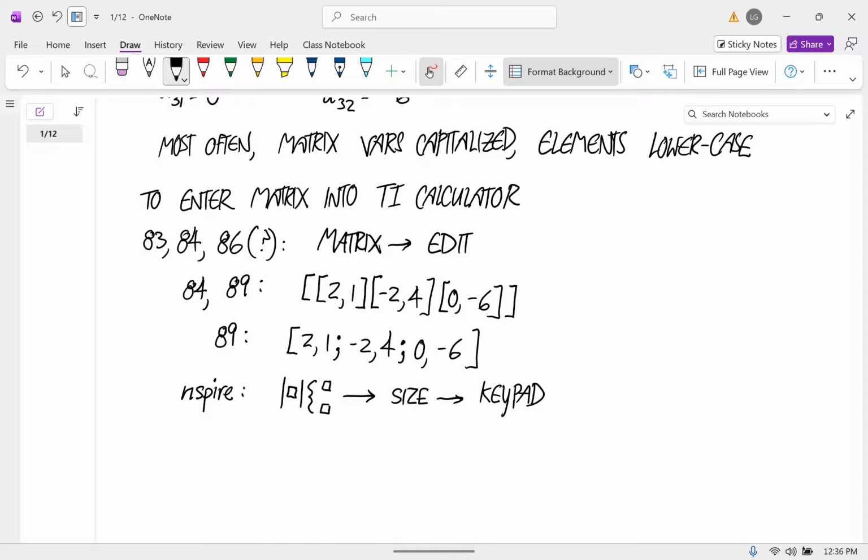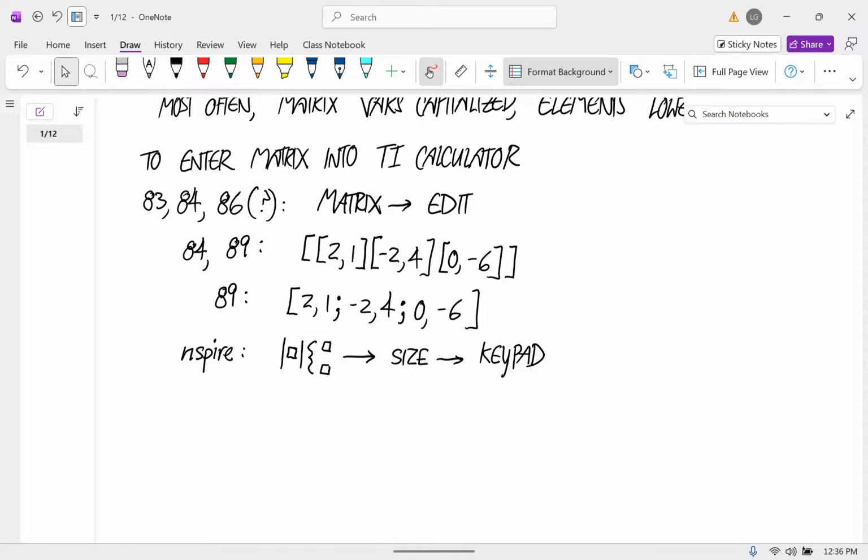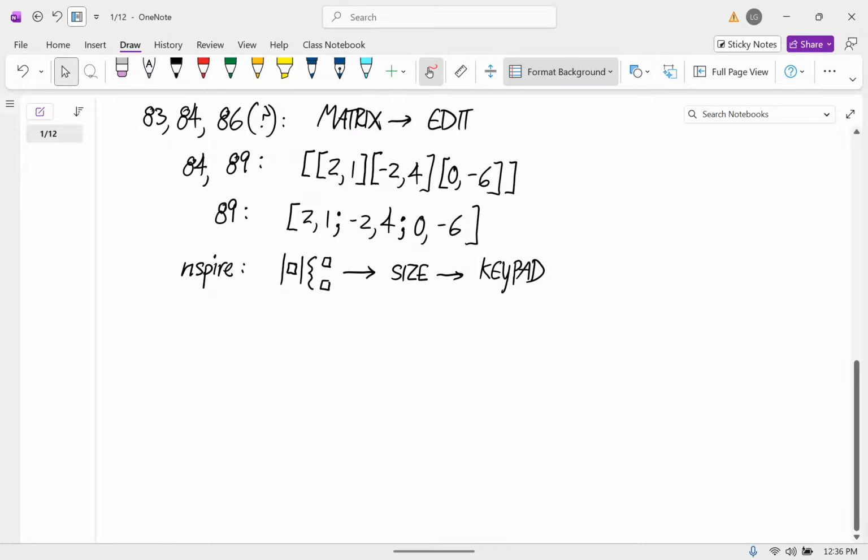In this class, we are basically only going to use 4 matrix sizes. So I want to talk about the different ones. The first one is a 3x1 matrix. And this will denote vectors in 3D.